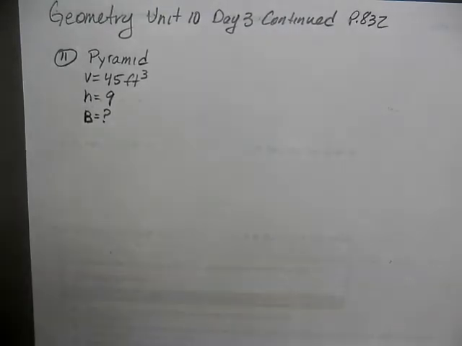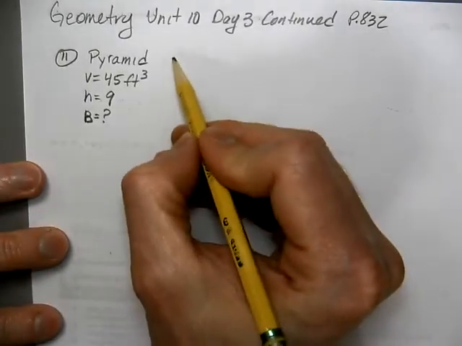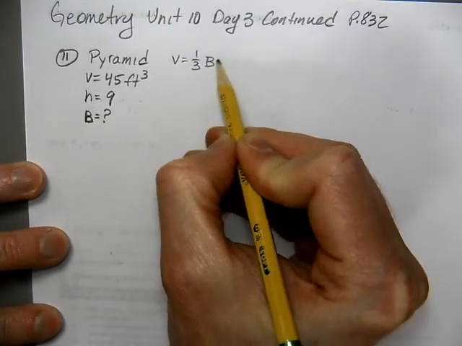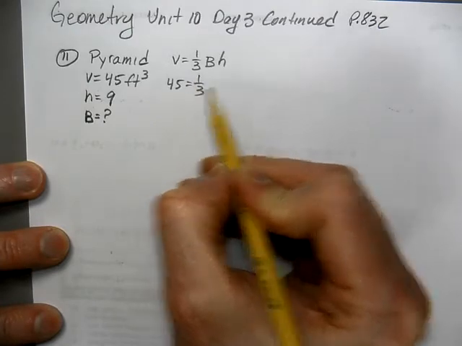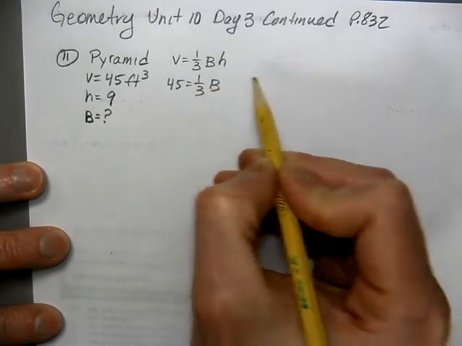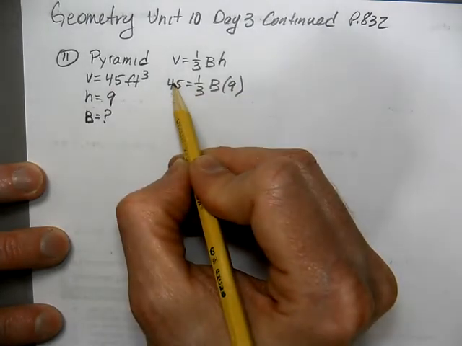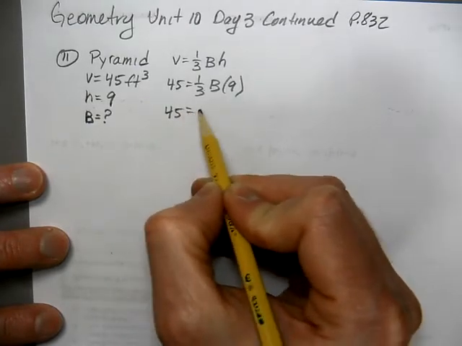For number 11, we're working with a pyramid, and we know that the volume is 45. We know the height is 9. We're looking for the value of the base. So a pyramid is 1/3 base times height. We get 45 times 1/3. We still don't know what the base is, times the height. Well, we can multiply by 3 or we can divide by 3, depending on how we want to look at the problem.